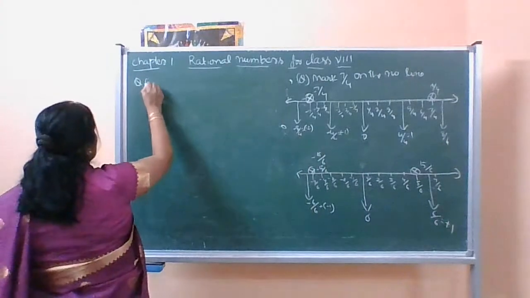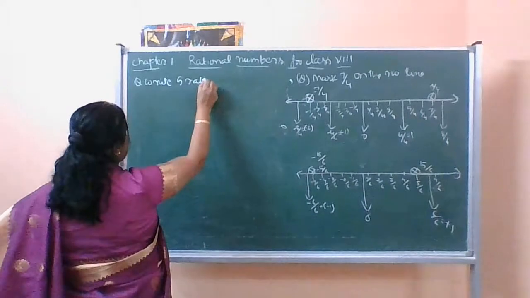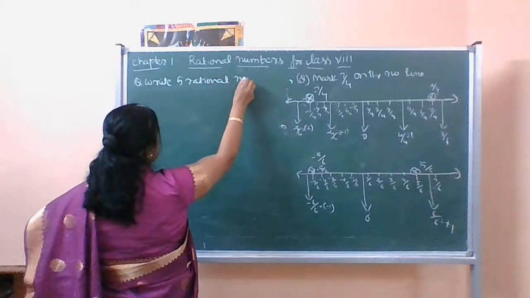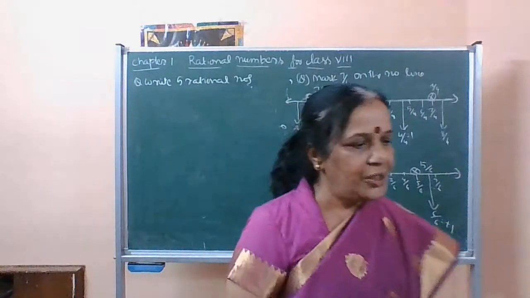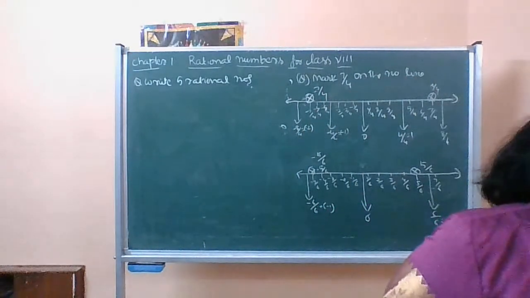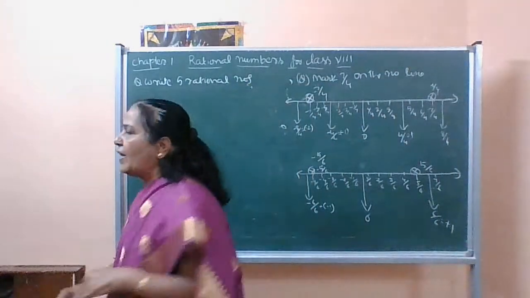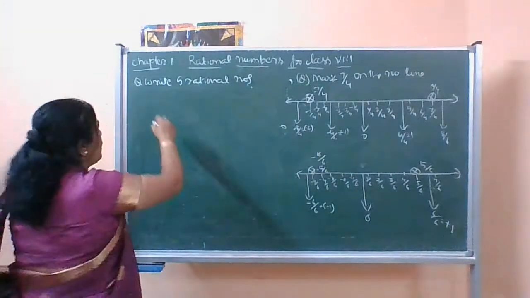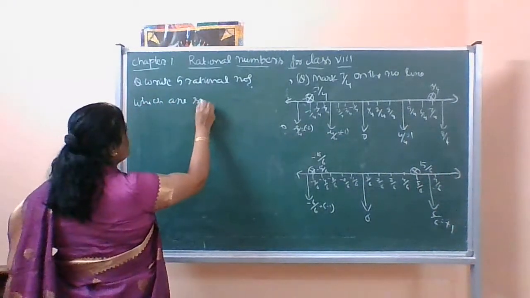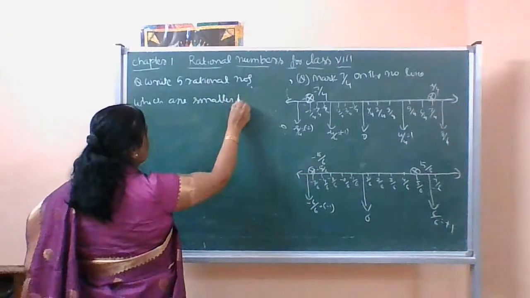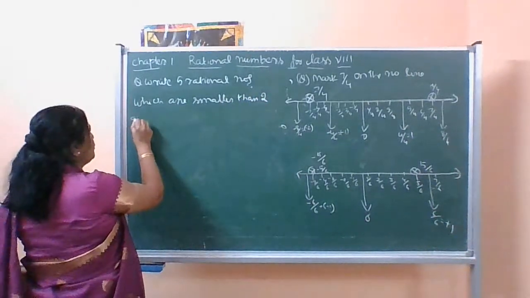Write 5 rational numbers which are smaller than 2. See, solution.